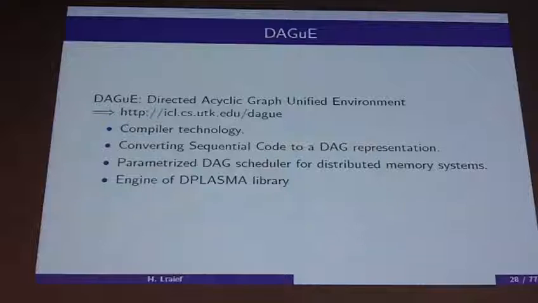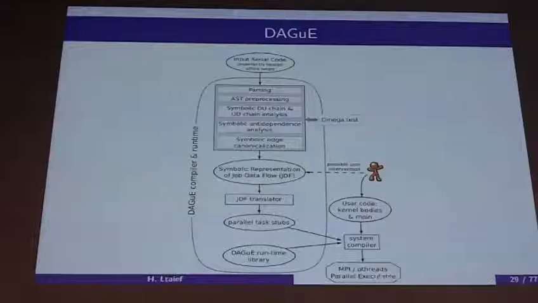So what they do basically, if you look at the stack here, is that the starting point again is this input serial code. They have some compiler technology here using this Omega test. I'm not too familiar with this tool, but basically it tries to determine the search space of each variable in your code and find the dependencies automatically. All right.